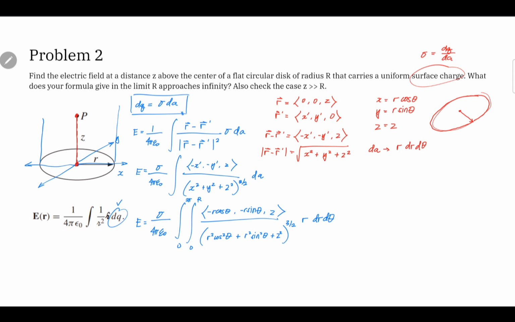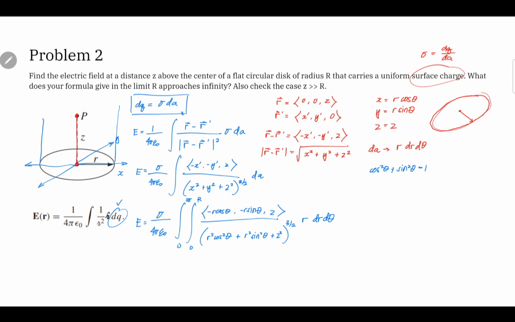Now, when we begin to simplify our integral, you can notice that you could apply the Pythagorean trigonometric identity for this. You can actually factor out r squared, and then remember that cosine squared theta plus sine squared theta is equal to 1.